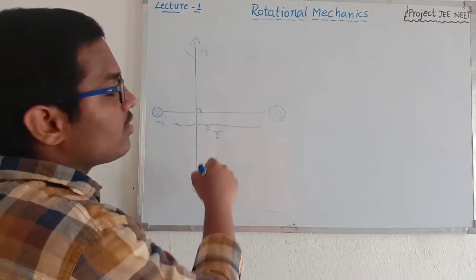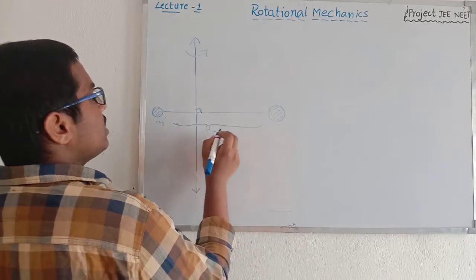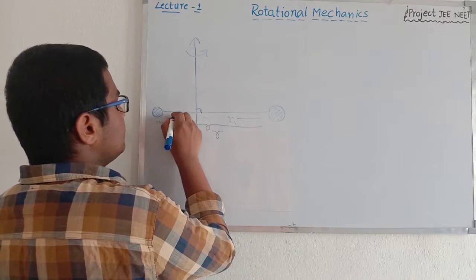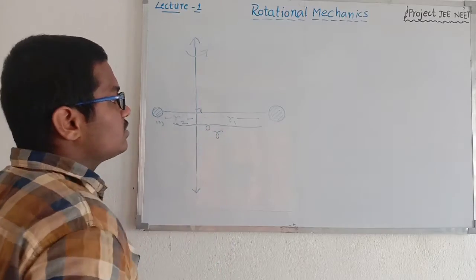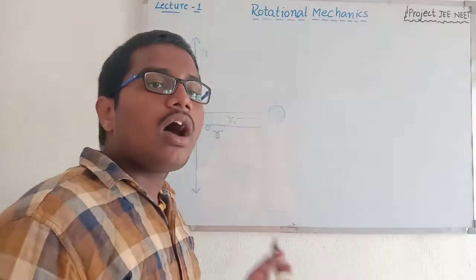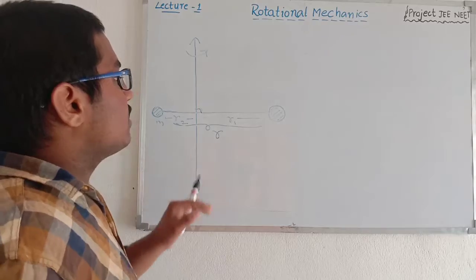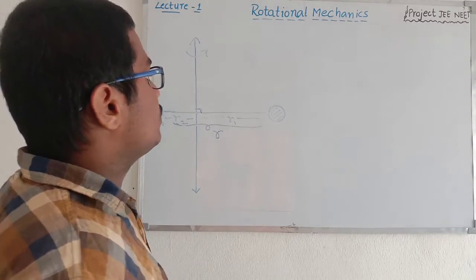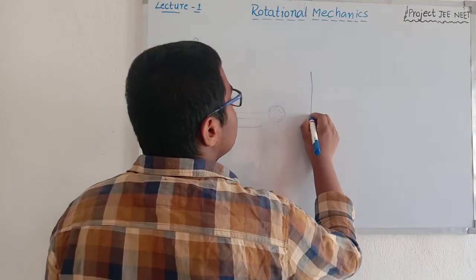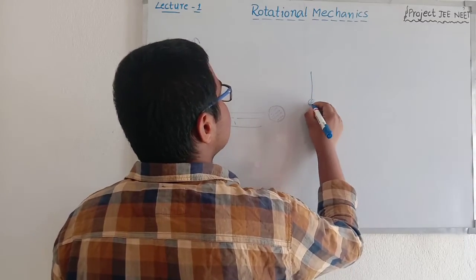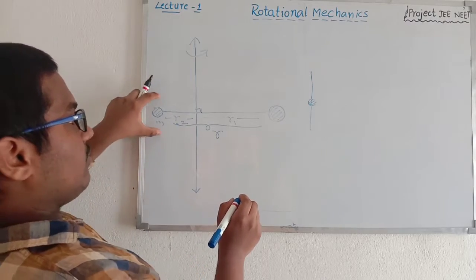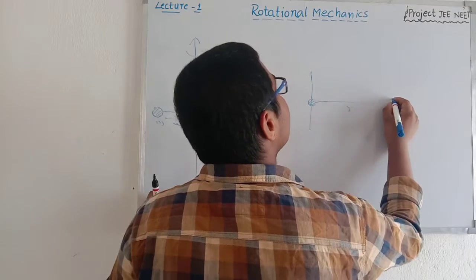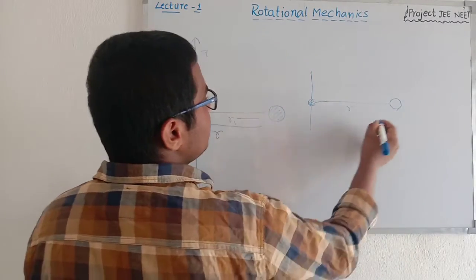This is not the bisector of R. Then we have to assume that this distance is R1 and this distance is R2. So finally R1 plus R2 is equal to R. Then by using the center of mass concept, we are going to solve the problem. So for now, this is the y-axis and this is the mass m on the left side, and at the same distance r, the mass on the right side.